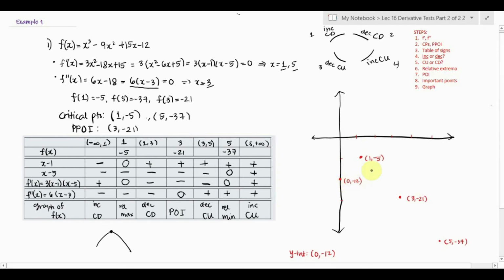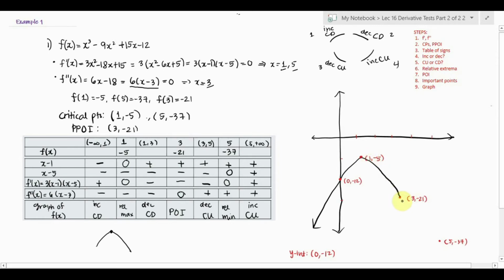So, from negative infinity to 1, that's to the left of 1, you should have increasing concave down. So, that should look like number 1 here. So, parang ganyan. Okay? How about from 1 to 3, meron tayo yung decreasing concave down based sa ating table. That would look like number 2. Pababa na concave down. So, something like this.